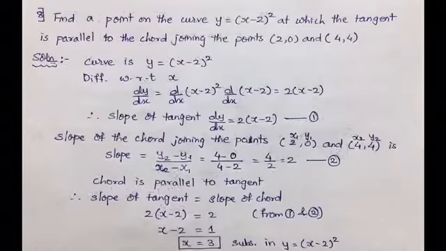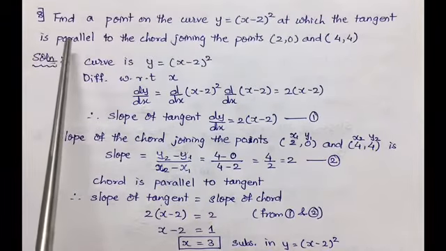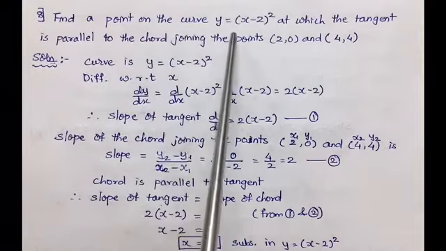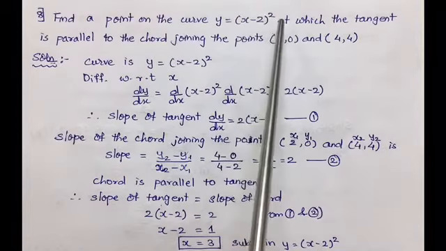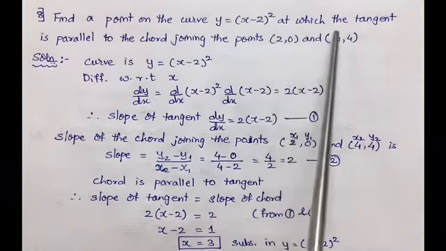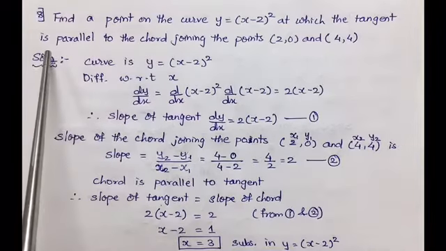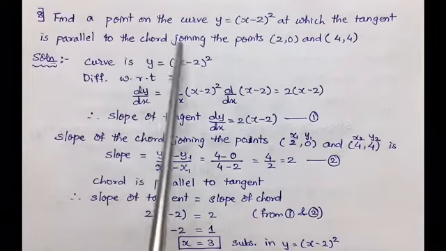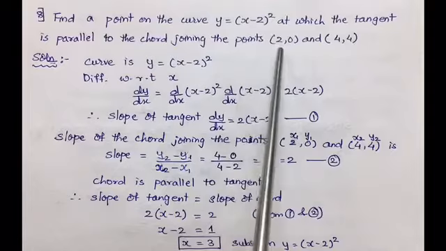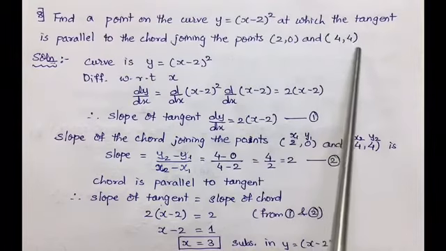Eighth one, the question is find a point on the curve y equal to x minus 2 whole square at which the tangent is parallel to the chord joining the points 2, 0 and 4, 4.